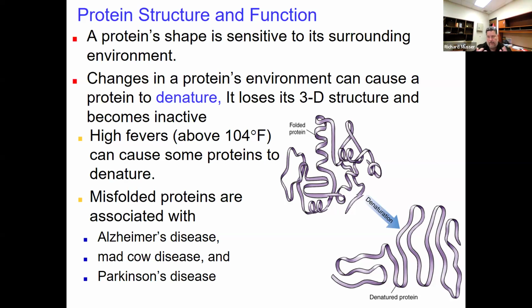It can result in things like Alzheimer's disease or Parkinson's disease. And in some cases, misfolded proteins can function almost like a parasite, like a virus, a cellular parasite, like prions, and that can cause mad cow disease. So that's another kind of disease that can be caused by proteins.